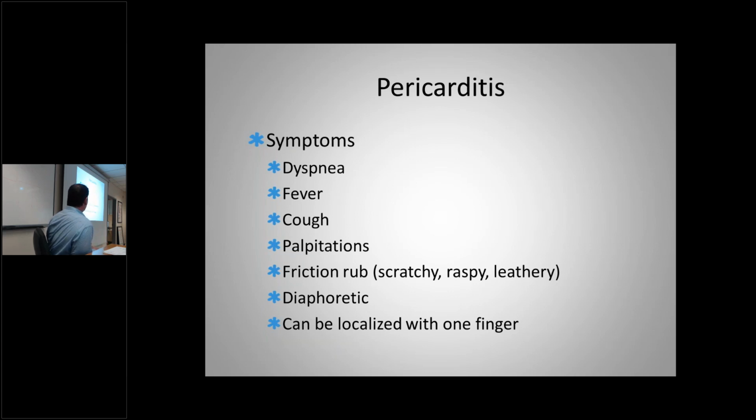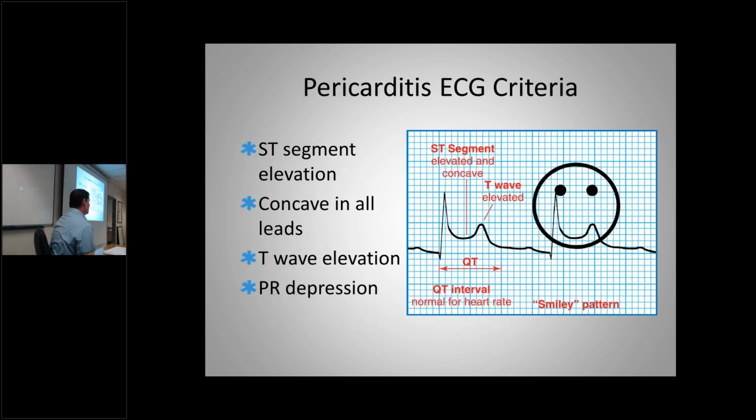Some of those can present exactly the same. Fever would be one of the areas, and cough, but just because someone has a fever doesn't mean it's an MI. Pericarditis can present basically as an MI, right? And that's why it's one of our MI foolers.